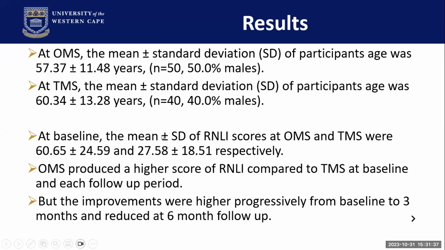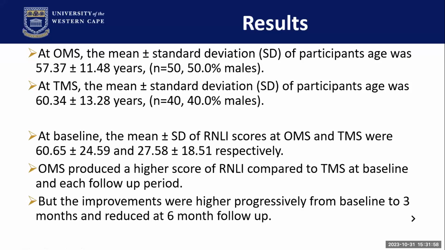At baseline, the mean and standard deviation of community reintegration of these patients at the orthodox medicine setting were 60.65 plus or minus 24.59. And then at the traditional medicine setting, it was 27.58 plus or minus 18.51.